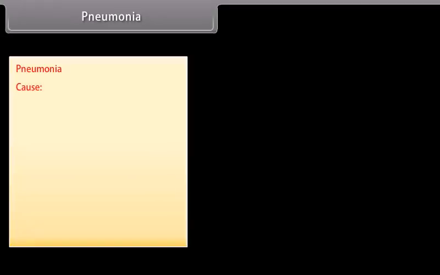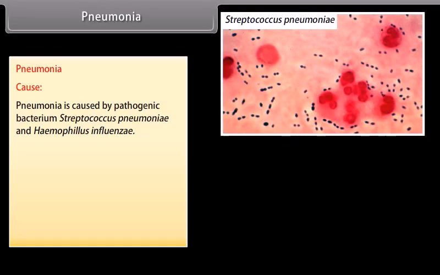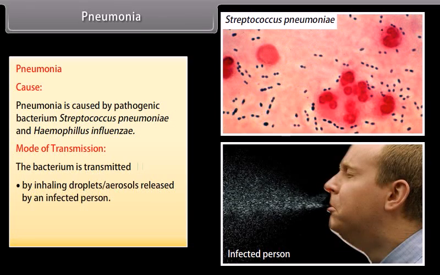Pneumonia. Cause: pneumonia is caused by the pathogenic bacteria Streptococcus pneumoniae and Haemophilus influenzae. Mode of transmission: the bacterium is transmitted by inhaling droplets, aerosols released by an infected person, or by sharing utensils with an infected person.